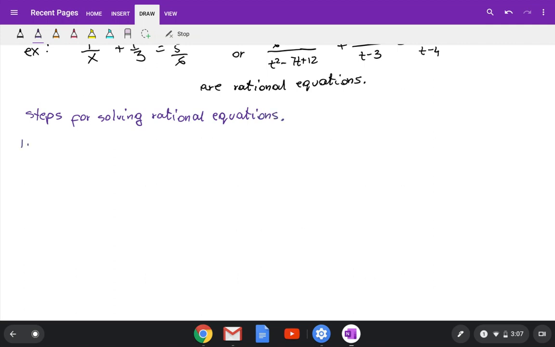So first one, it's factor the denominators of all rational expressions.